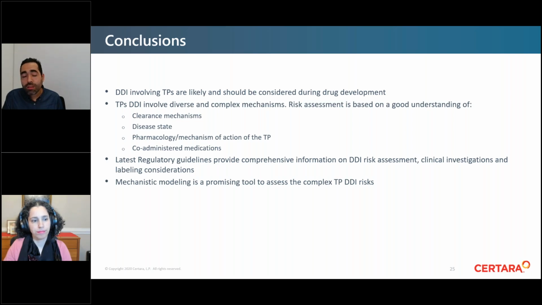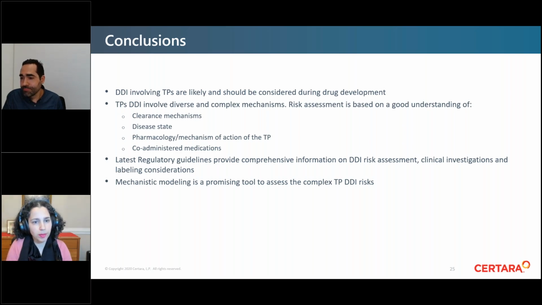But what is sure is that the evaluation of the risk of DDI is mandatory for all the ADCs. Clinical studies are probably not systematic for every situation, but you need to evaluate the risk. And now, as we have access to PBPK approaches, I think we should use them to inform the risk.